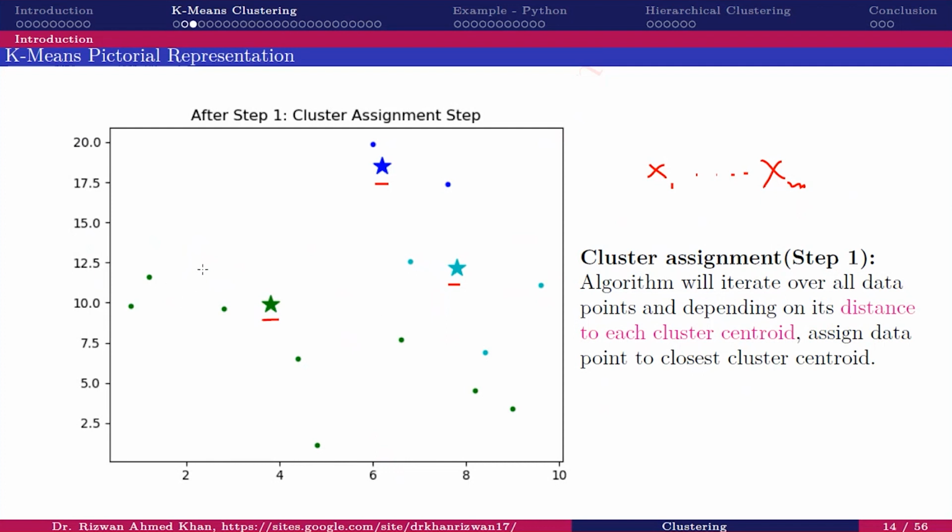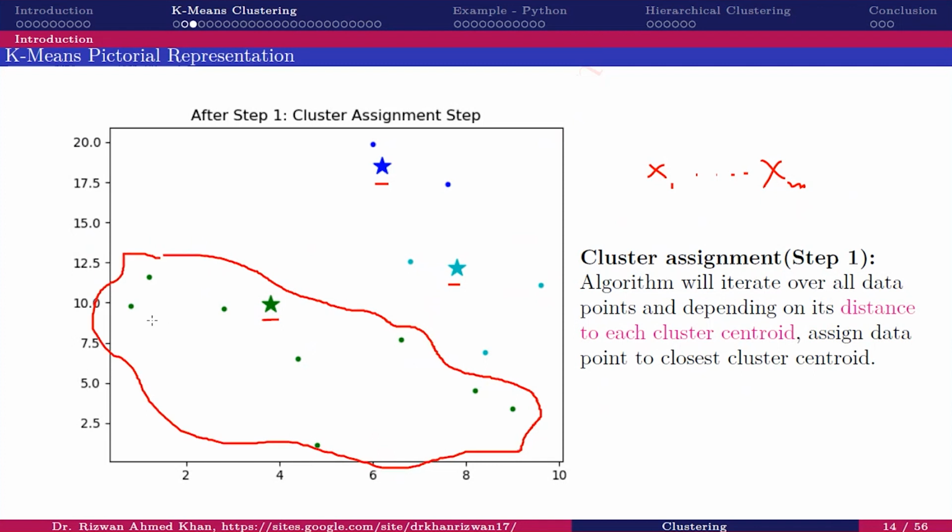Now you can see the data points, based on their distance, are colored according to the cluster centroid color. I will explain the notion of distance, but let's say this is Euclidean distance. We'll find the Euclidean distance of each point to the centroids of the clusters.